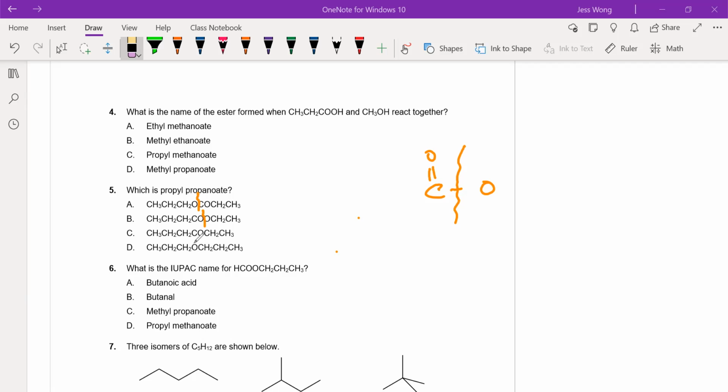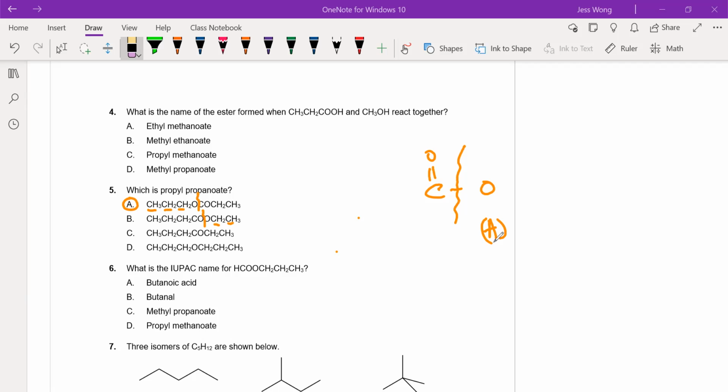And of course, this is not even an ester. So the answer will be either A or B. We are looking at a propyl group from the alcohol, which means the alcohol has 3 carbons. And you look at this, the alcohol has 2 carbons. So therefore, the answer is A, question 5.